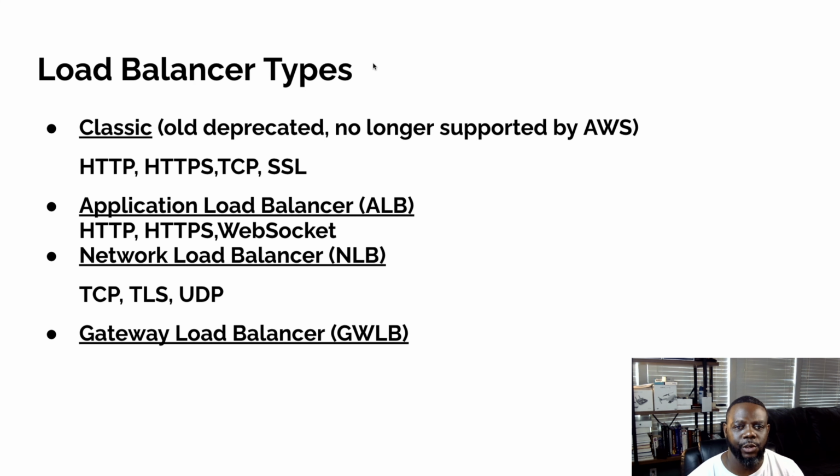All right, so AWS supports 3 different types of load balancers. As of this video, there was a 4th one, but it's deprecated, which was the classic load balancer. So you won't see that one in the console, but you will see an ALB, or application load balancer, NLB, network load balancer, and then the gateway load balancer.